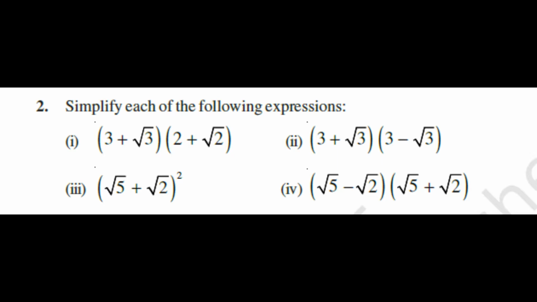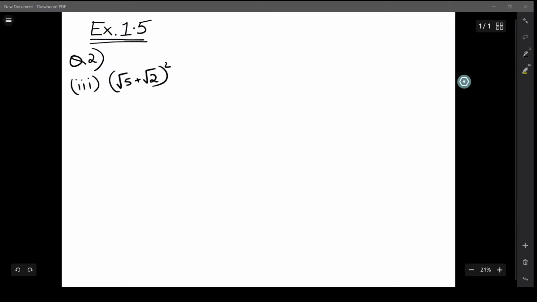Part 3 is root 5 plus root 2 the whole square. Now if you remember the property of a plus b whole square is a square plus b square plus 2ab.